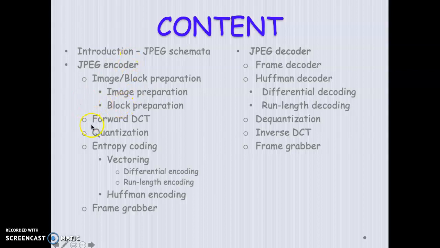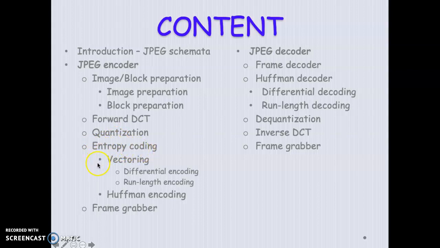Then you will do the forward DCT, where you apply the transformation technique using the DCT transform. The output of this goes to quantization. Then the output of quantization goes to entropy coding.